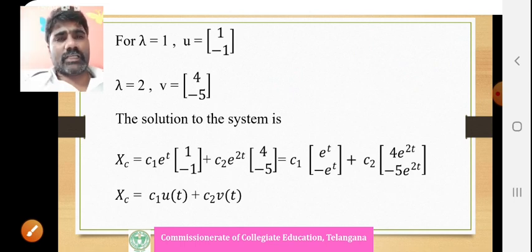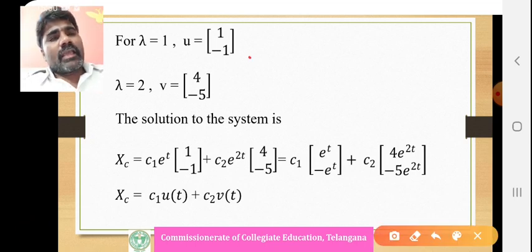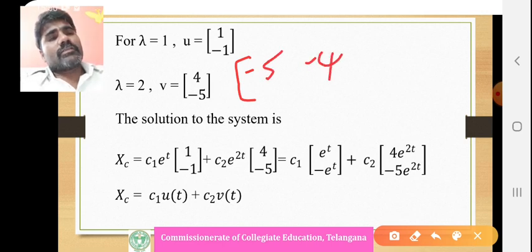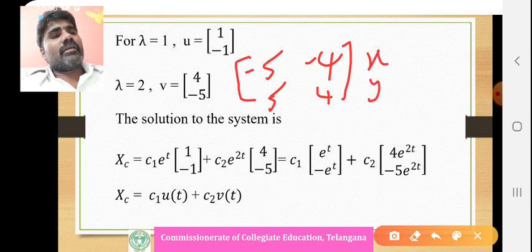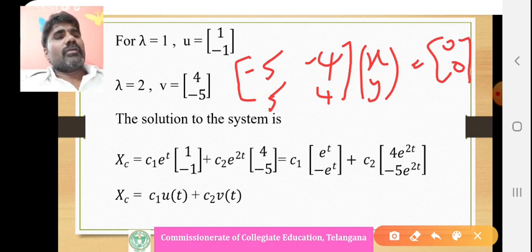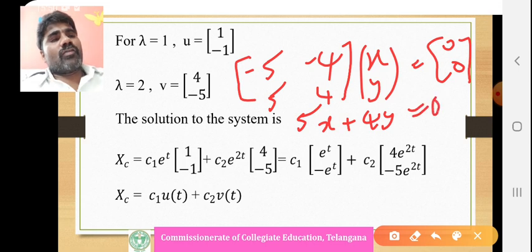Similarly, to find the eigenvector corresponding to lambda equals 2, we solve A minus 2I into x. A minus 2 gives minus 3 minus 2, which is minus 5, minus 4, 5, and 6 minus 2 becomes 4, into x, y equal to 0 and 0. Now solve this system. We get 5x plus 4y equal to 0.